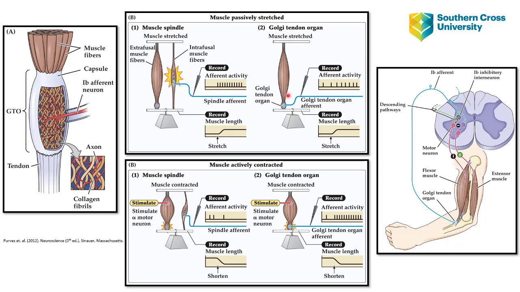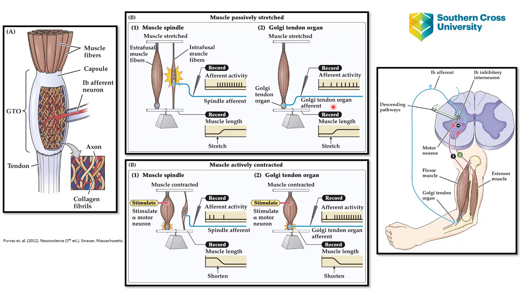What's actually going to happen to the Golgi-tendon organ? Well, it fires off a little bit because even under a passively stretched condition, we're going to get some tendon tension, aren't we? But it's not going to fire off that rapidly.